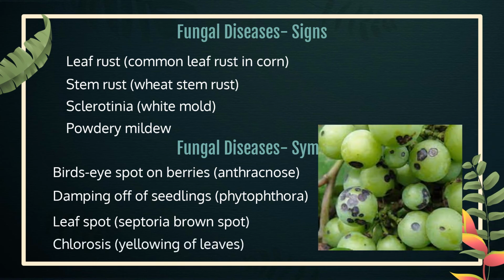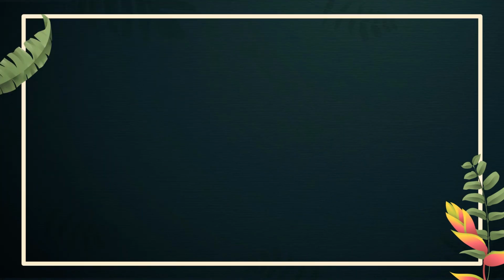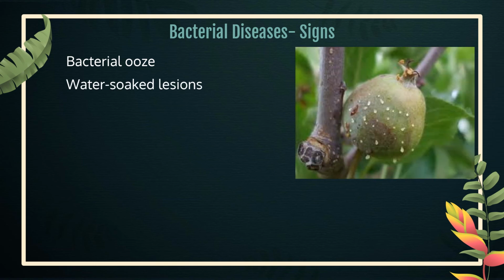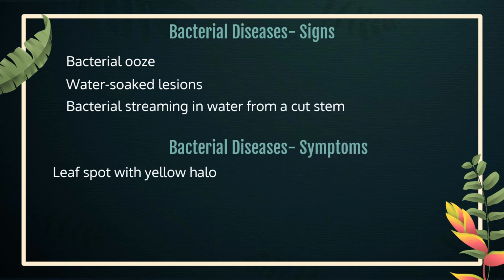Signs of bacterial disease are on the left side of the picture. You can see some watery particles on the surface of the fruits. That is referred to as bacterial ooze. This bacterial ooze is the sign of a plant affected by bacterial disease.